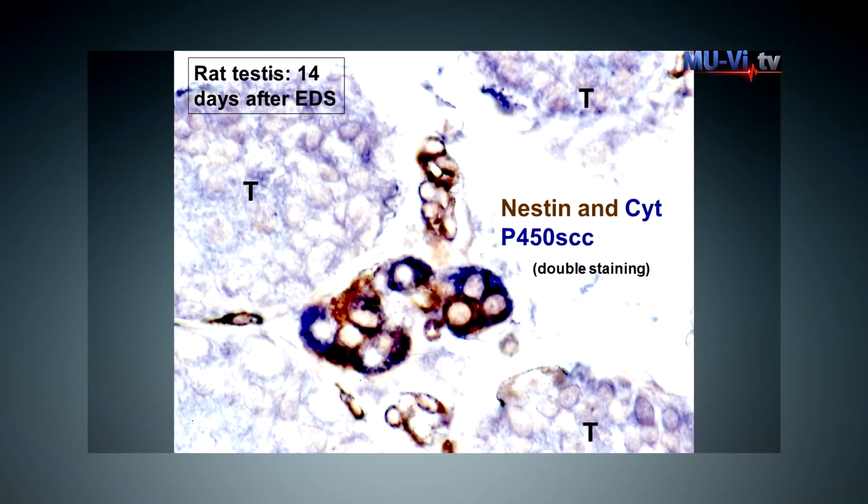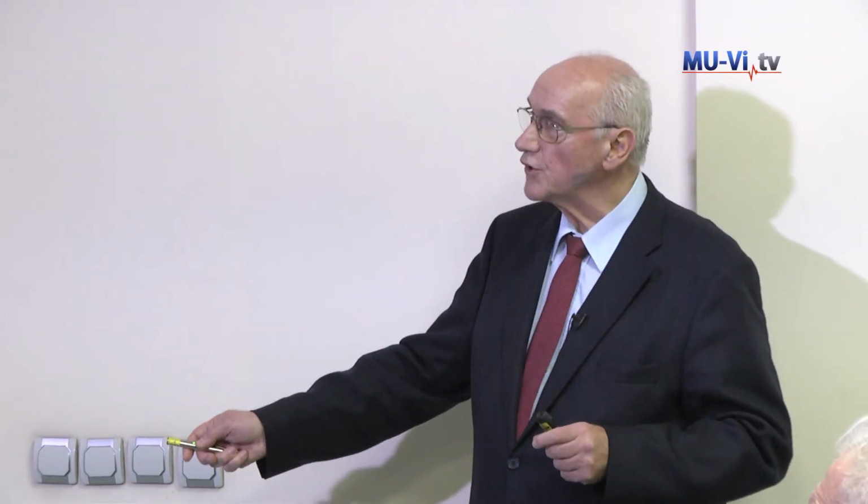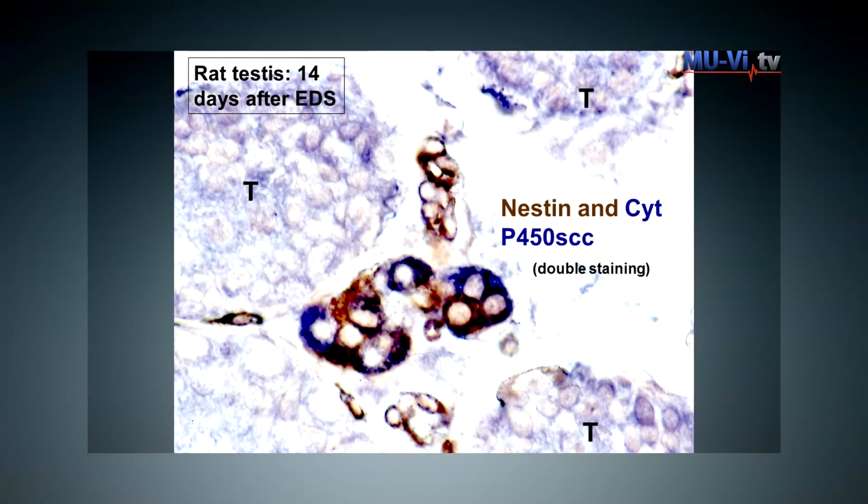We were able to show this in our experiment in the testis. You can see here a group of transient amplifying cells, and we have performed a double immunocytochemical staining. At first, we show nestin for the progenitor cells, for the stem cells, and the cytochrome P450 SCC. This is an enzyme which is involved in the synthesis of steroids.